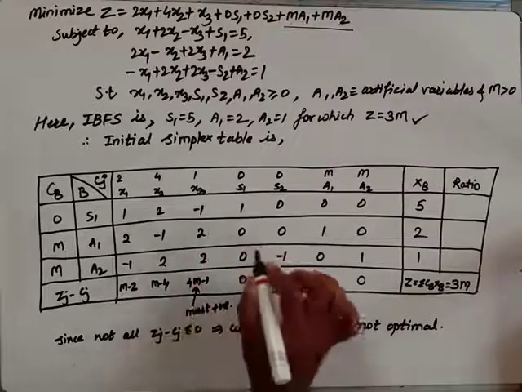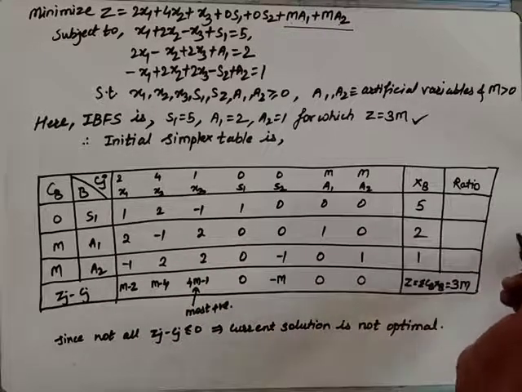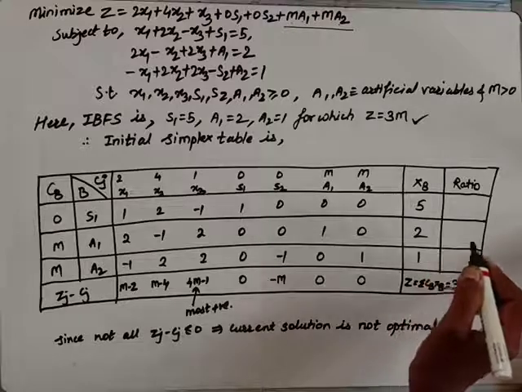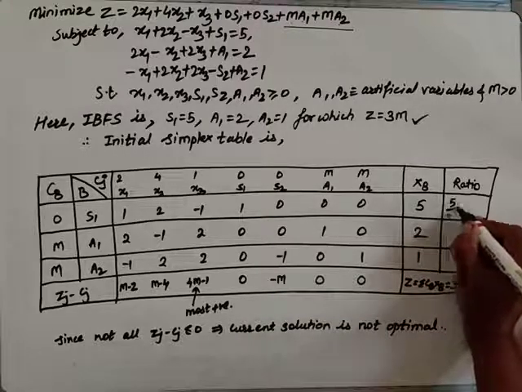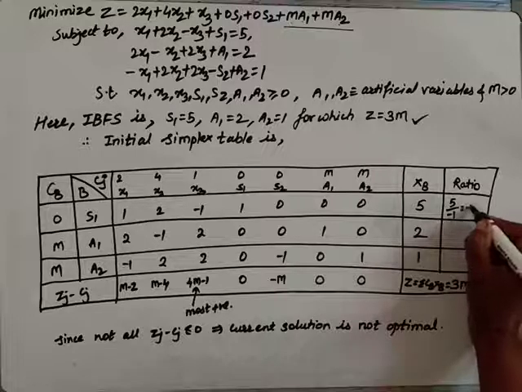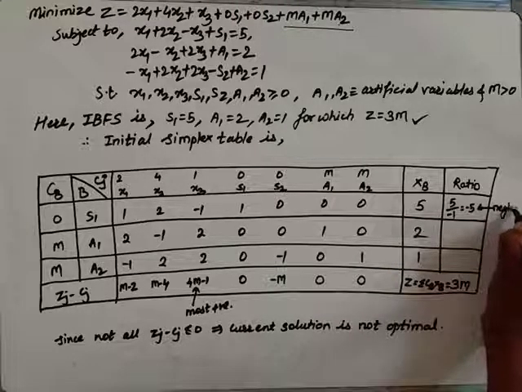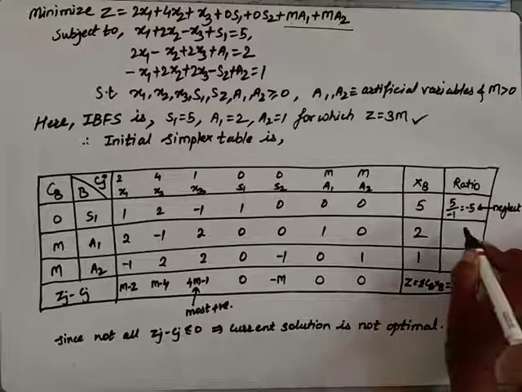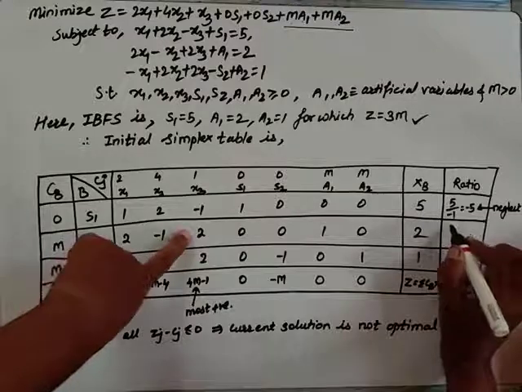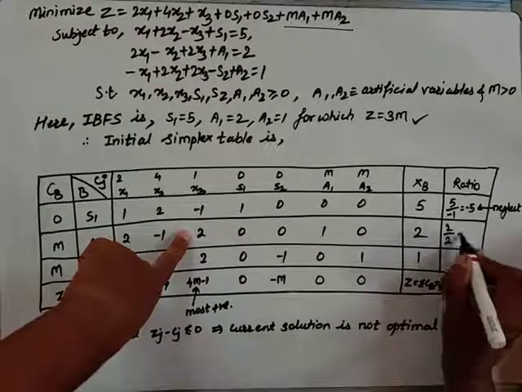So now let us determine the pivot element. This is most positive, so let us obtain the ratio. Here we get 5 upon minus 1, so it will be minus 5. You know we have to neglect it. Okay. Now here XB upon this, 2 upon 2, so it is 1.